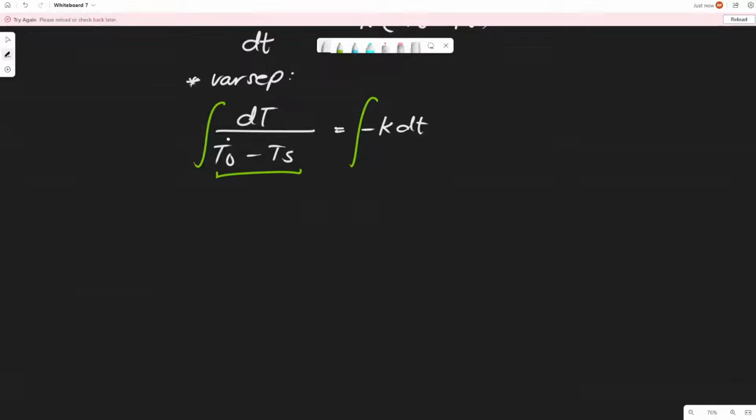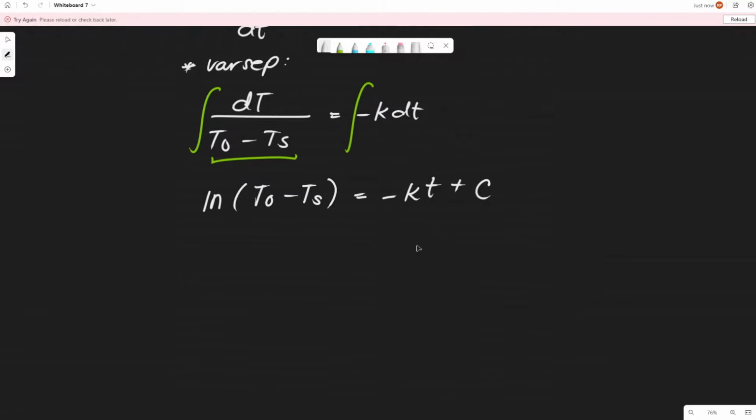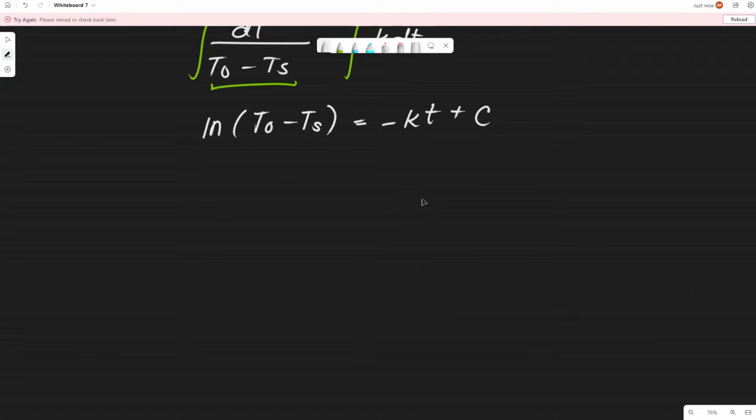The integral of this is ln of (T sub O minus T sub S), which is equivalent to negative kt plus C. Some books use k, so we will use k here.